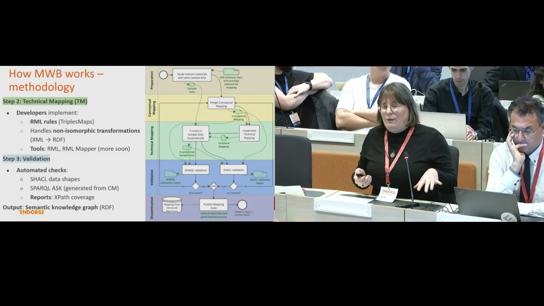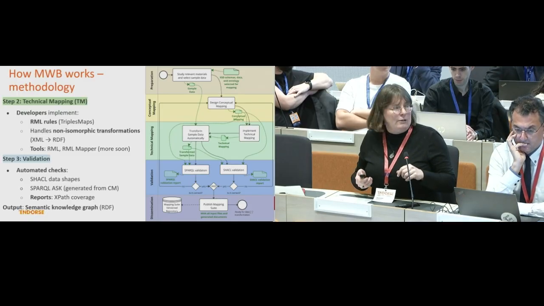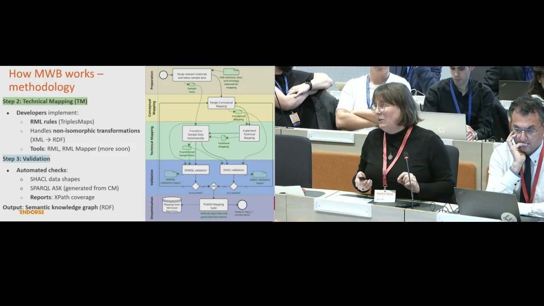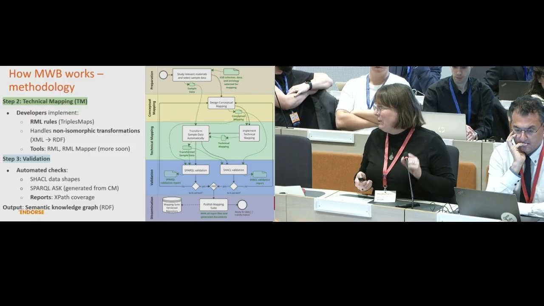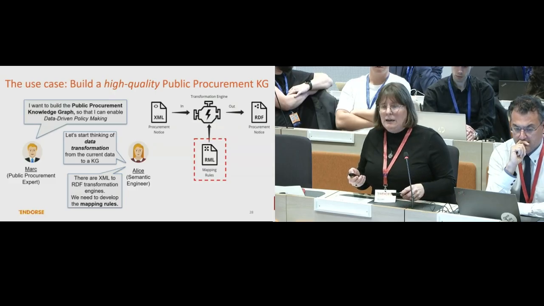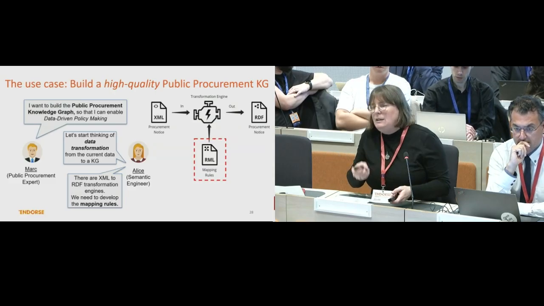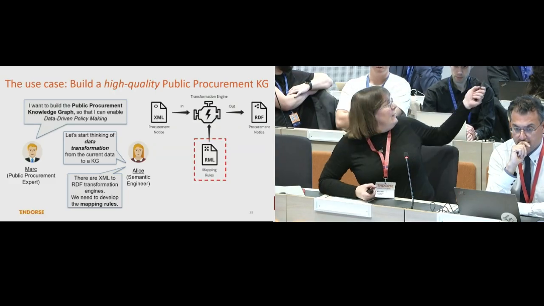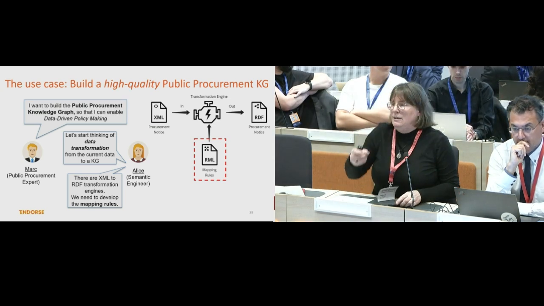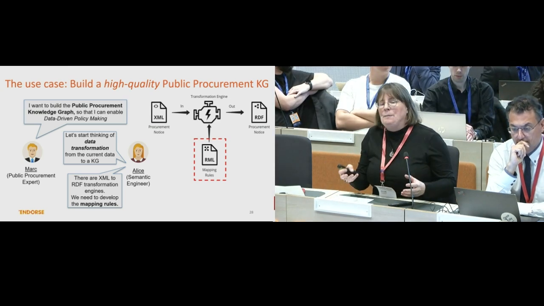Then we have our validation, as mentioned, with SHACL and SPARQL, and we have a report and outcomes, specifically the semantic knowledge graph with the high precision that we needed. So how does that look? You may still, even now in this presentation, think we just create the mapping rules and that is the only thing we are dealing with.